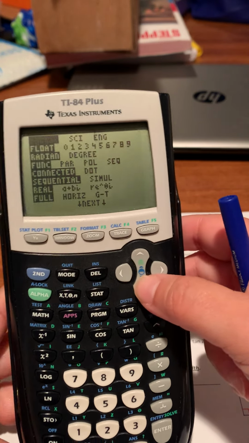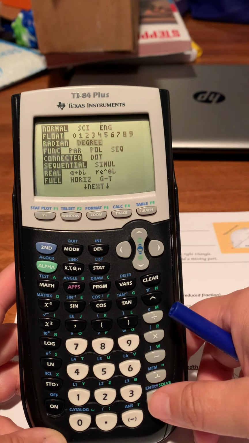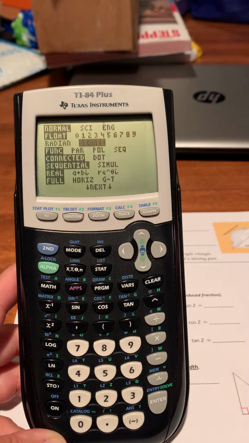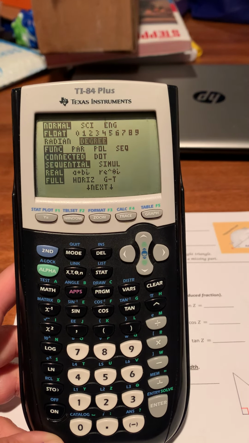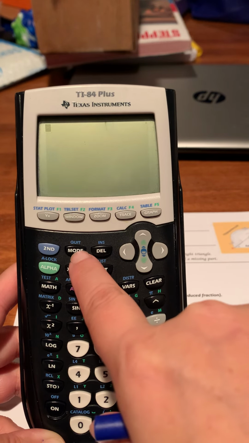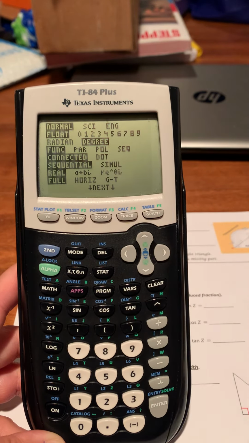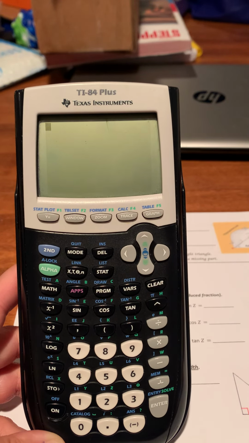So if yours looks like this, arrow down and over till it says degree, hit enter, and the highlighting will move over to degree. If you press mode and you're already in degree, you don't need to worry about anything. You can press clear and get right back to the home screen.